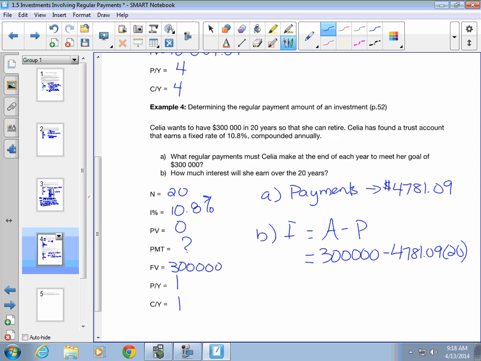So we multiply it by 20. So she invested $204,378.20. So she's earned over the course of 20 years about $96,000 interest. That's a very good rate of return.